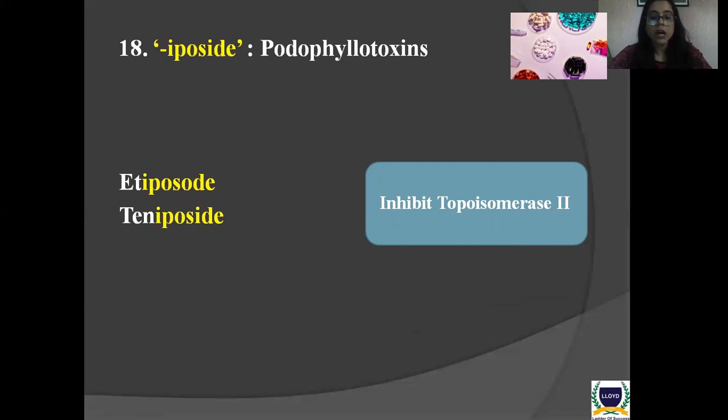These drugs are used as anti-cancer agents. They inhibit the enzyme topoisomerase 2, thereby they inhibit the DNA replication. So eposide, basically the podophyllotoxin. So basically eposide suffix are used for the podophyllotoxins, or you can say that anti-cancer agents.